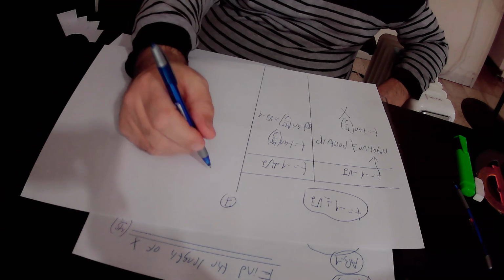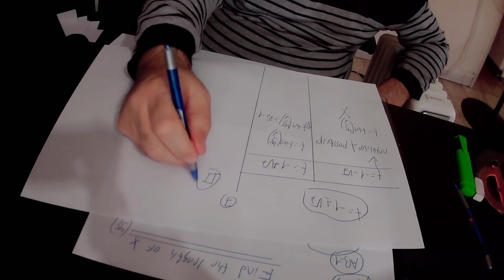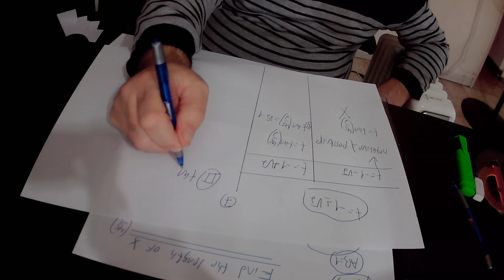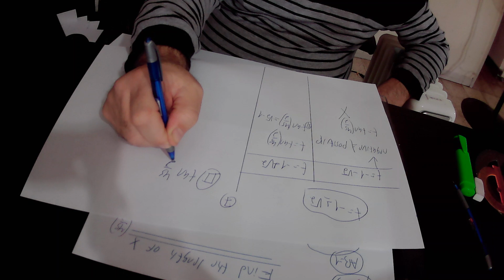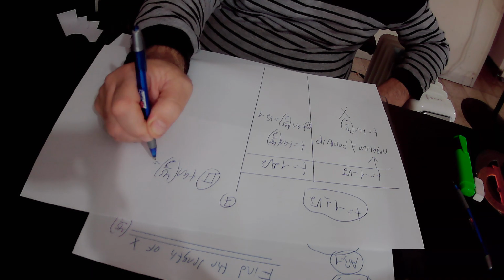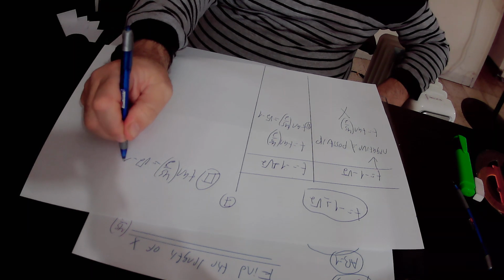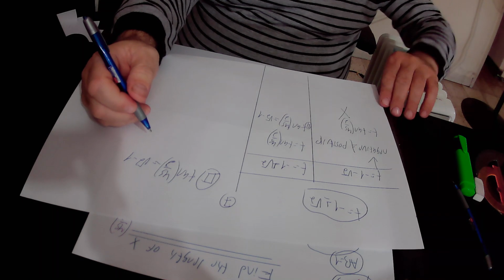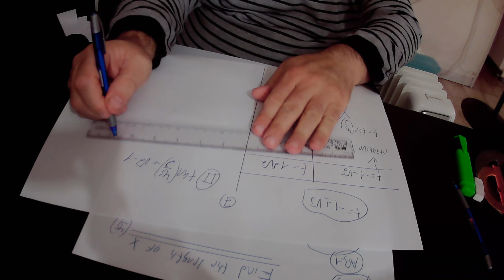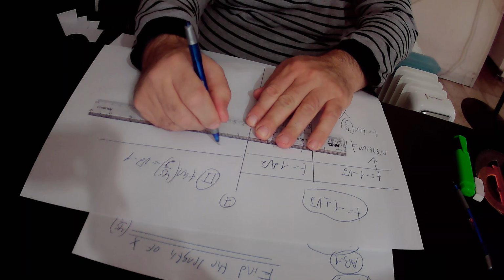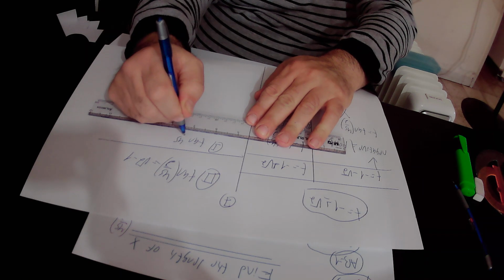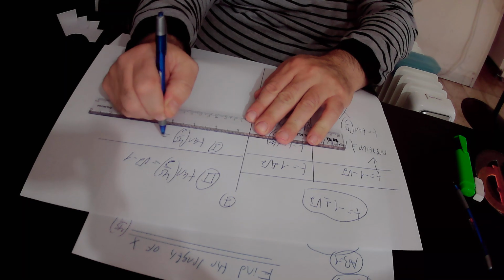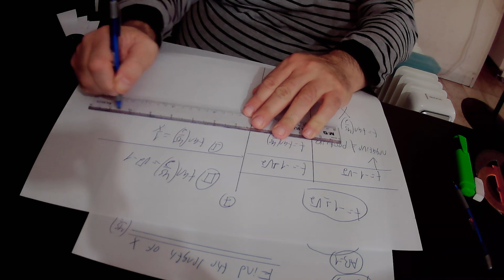Again, according to equation number 2, tangent 45 over 2 degrees equals square root of 2 minus 1, while according to equation number 1, we have already found out that tangent 45 over 2 degrees equals 1 over x.